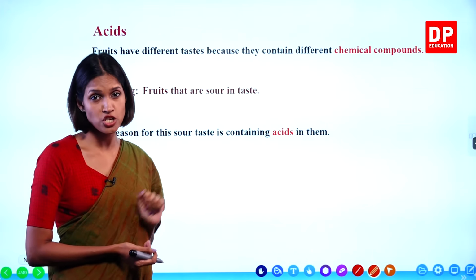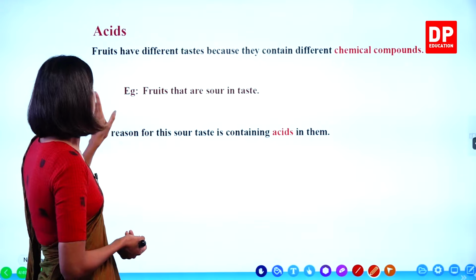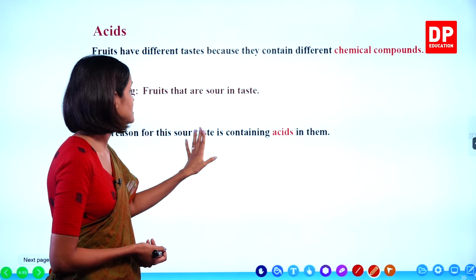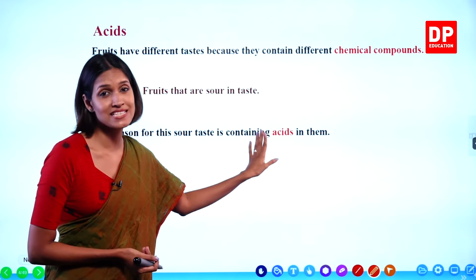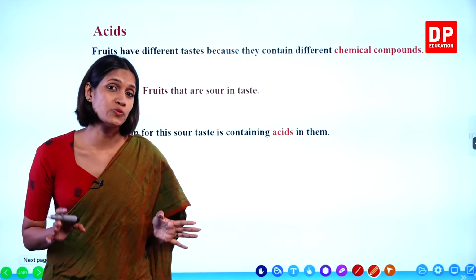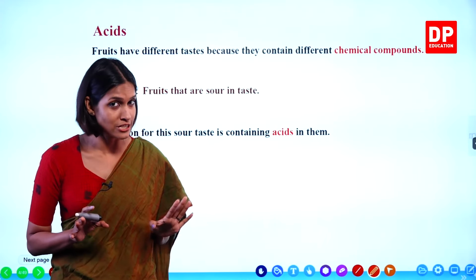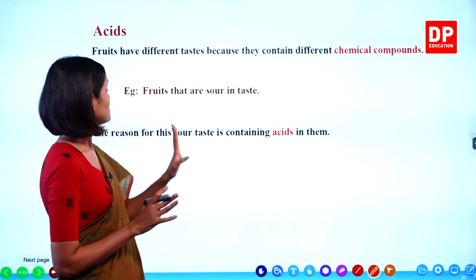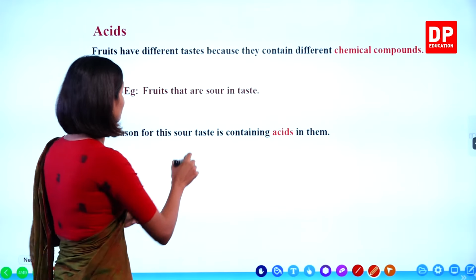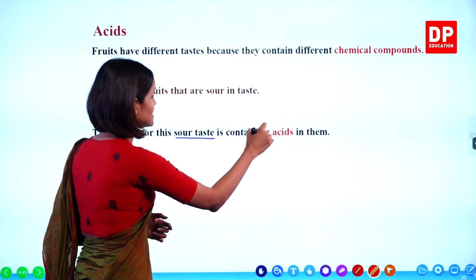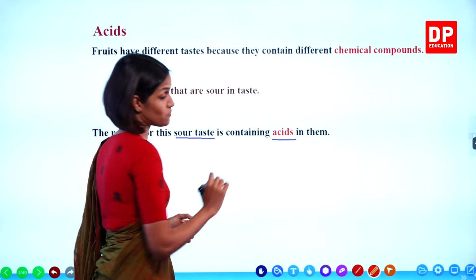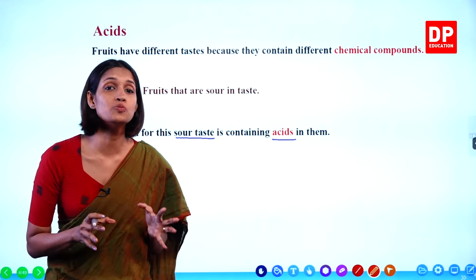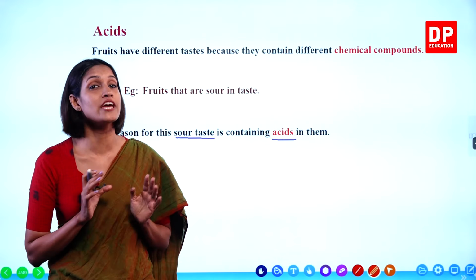We discussed this part already, right? The reason for this sour taste is that they contain acids. I told you that under this lesson we are learning about acids and bases. So the reason for this sour taste is containing acids in them, a group of chemical substances called acids.